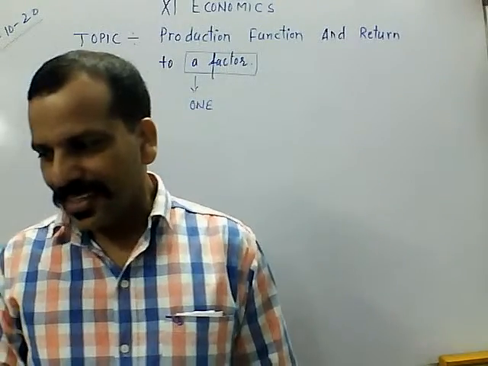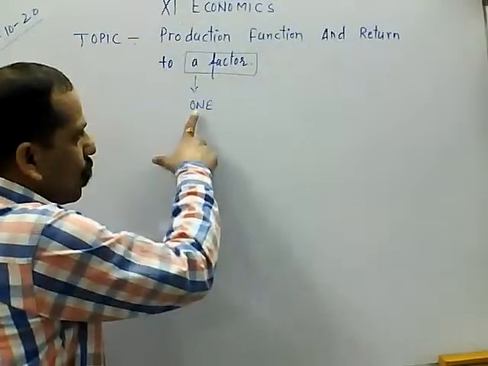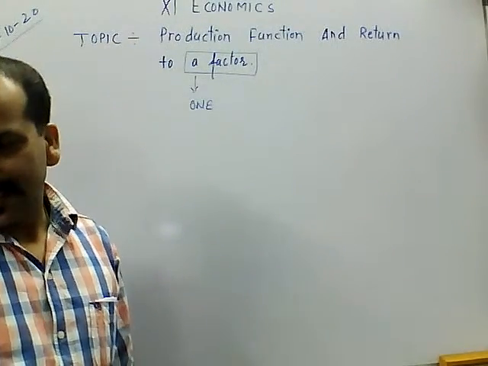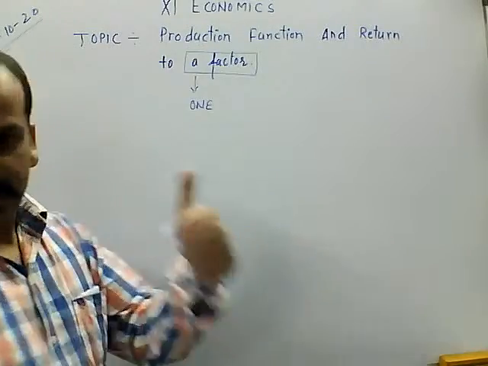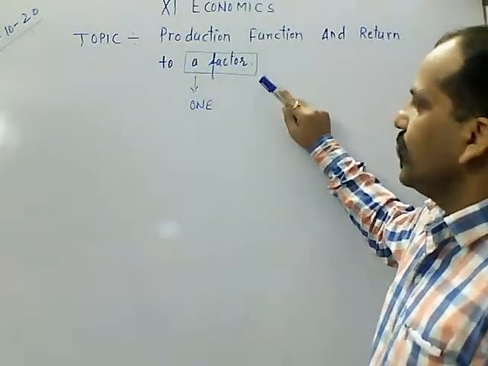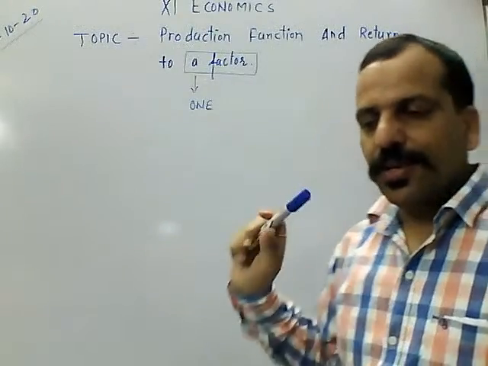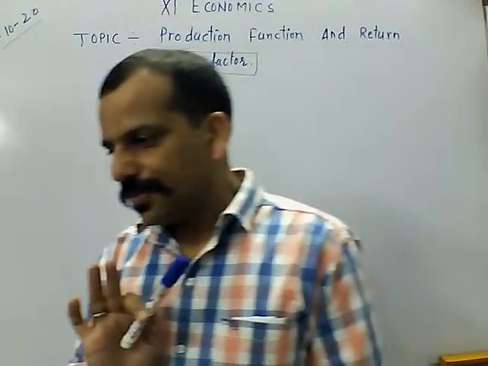Okay. Four factors of production there. So out of four, we will talk about one only. Got it? Okay, good. Four are there. So it means we will talk about one factor of production in this chapter. Others will remain constant. Got it?